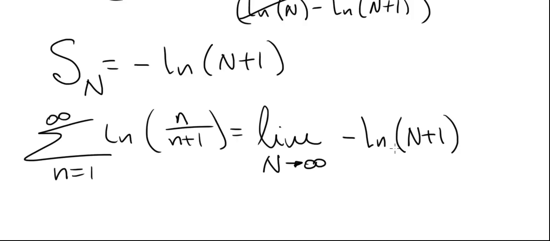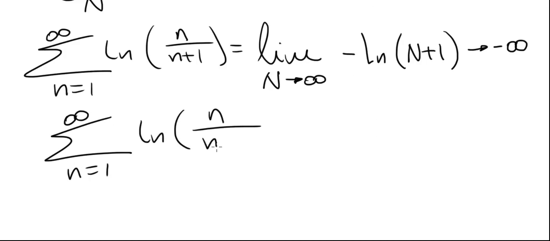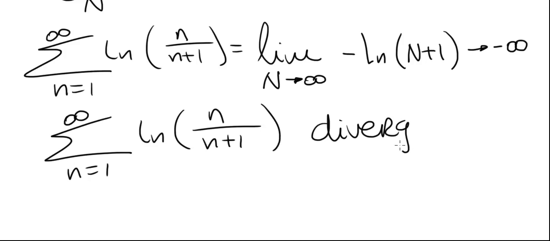Now this limit goes to minus infinity because as N gets larger and larger, so does ln, and then the minus in front takes it to minus infinity. This is not a finite number, so our conclusion is that the series diverges. That is, the series summation from 1 to infinity of natural log of n divided by n plus 1 diverges.